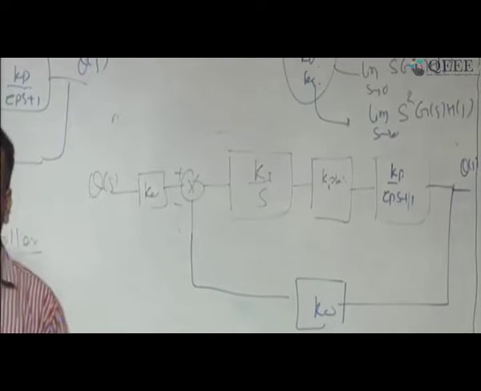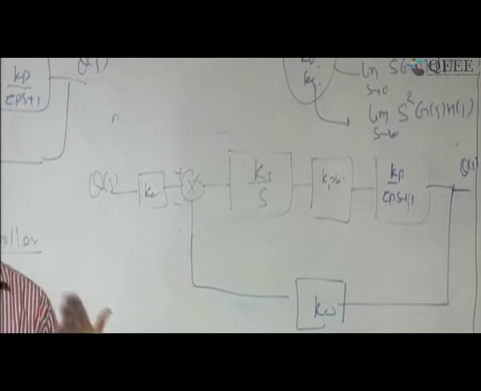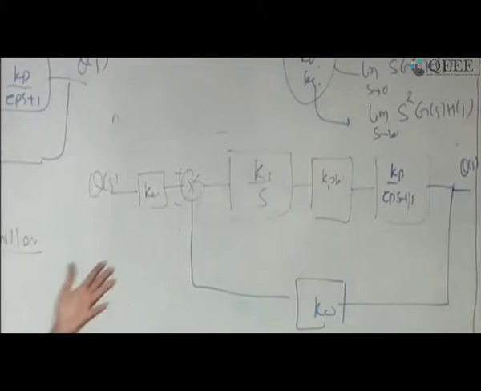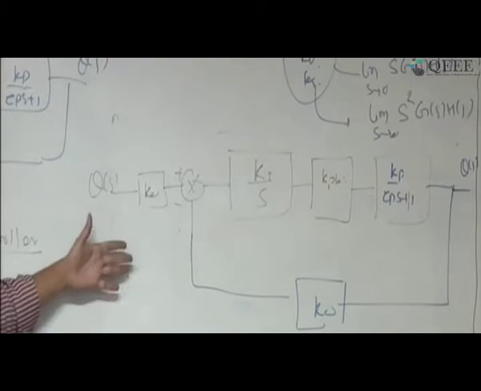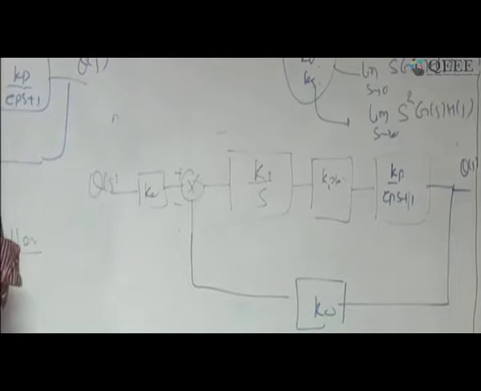In a proportional controller, you make your system fast, but you are not getting a steady state value of 1. In an integral controller, you are adding a term that increases the type of the system, hence it helps you achieve a steady state error of 0.